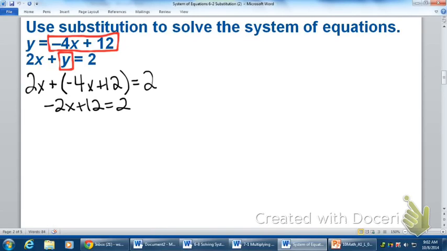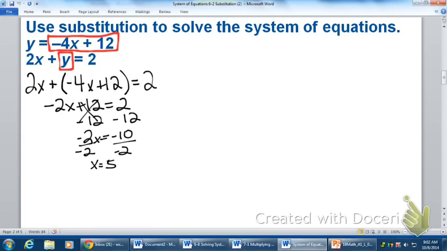Yes, you subtract 12 from both sides of the equation, solving for x still. That gives me a negative 10. Divide both sides by negative 2. That gives you a positive 5.